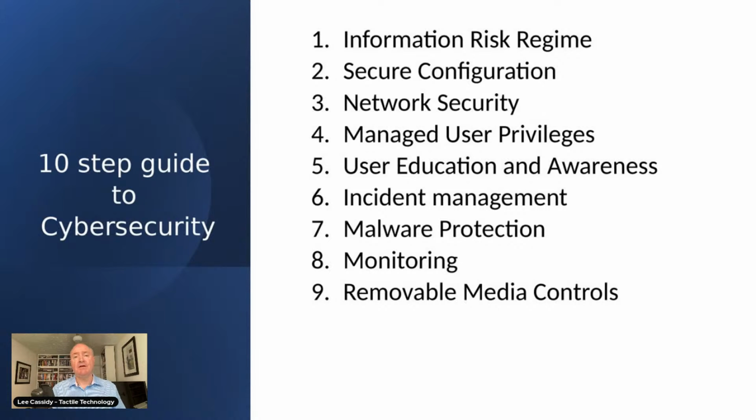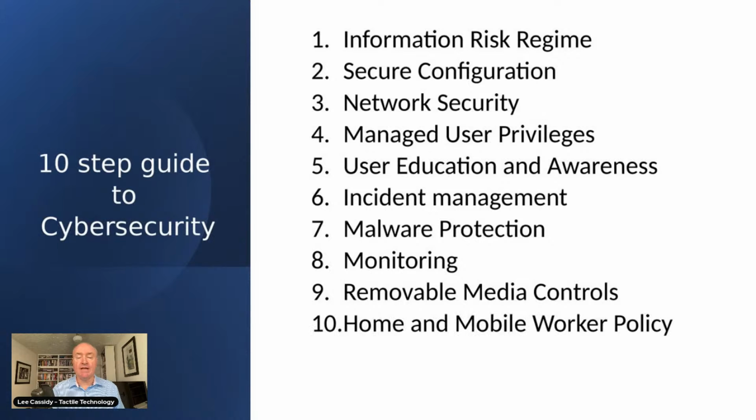And you need to ensure that these USB ports can't be used to put a thumb drive or a USB drive in and copy all of the crown jewels of your business, intellectual property, customer details, things that you don't really want to go outside the business. So ensuring those removable media devices are controlled is really important as well. And again, we'll come into more detail about that in the following weeks.